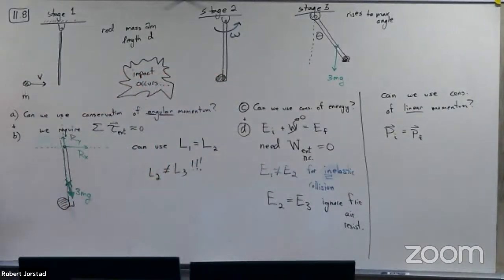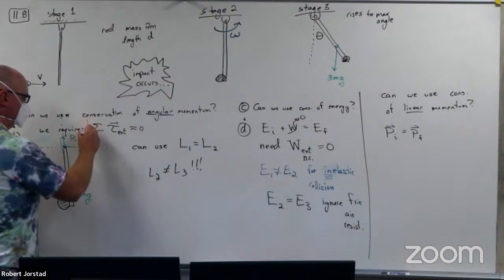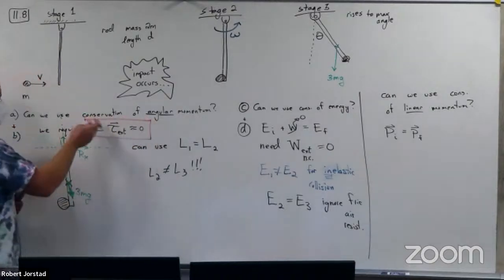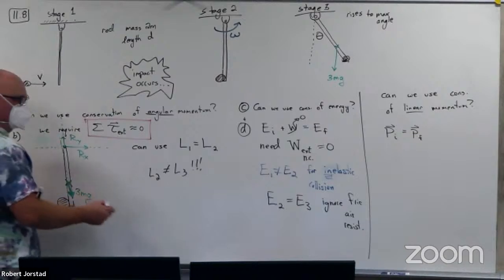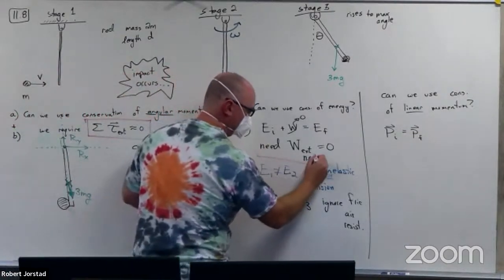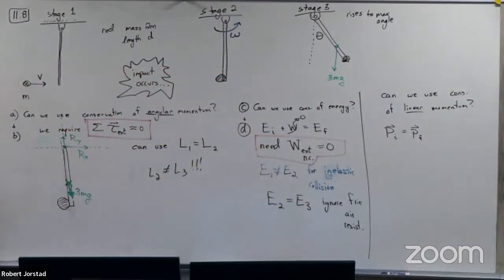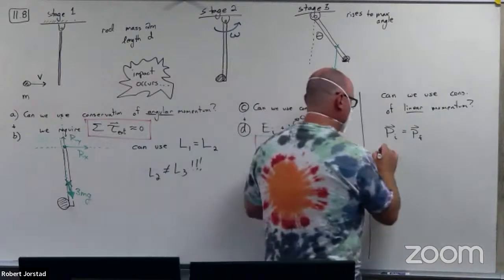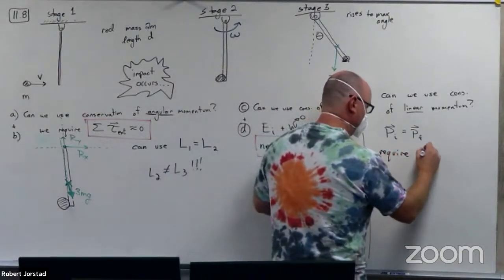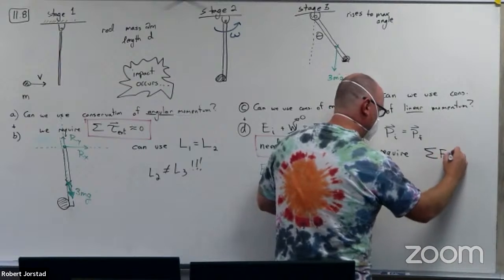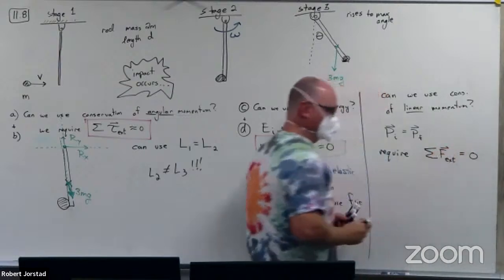There's a collision over here, right? In this case, sorry, I'm a little scatterbrained here. The condition for angular momentum was this. The condition for energy was this. What's the condition for momentum to be conserved? That's the force one. Well, what do you think?